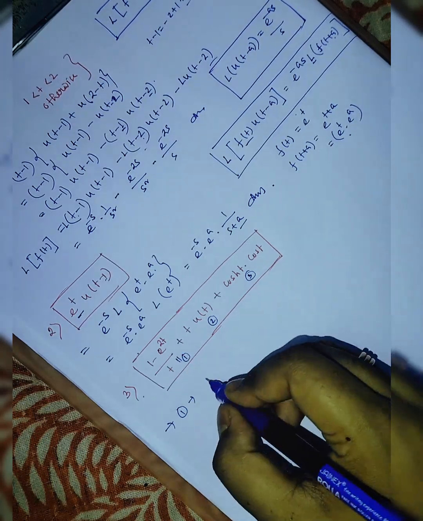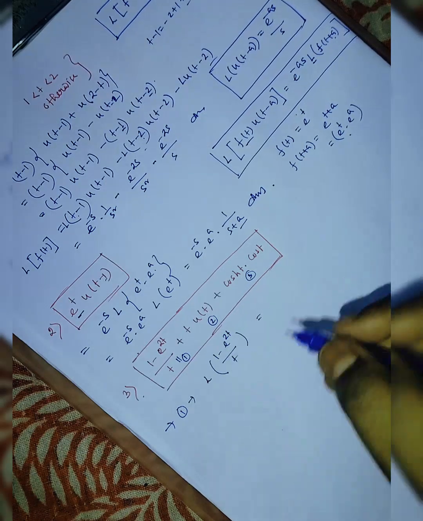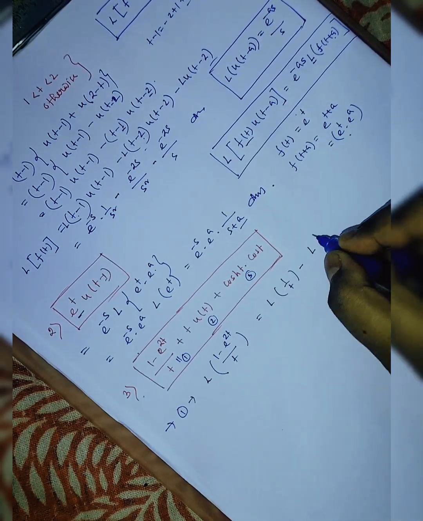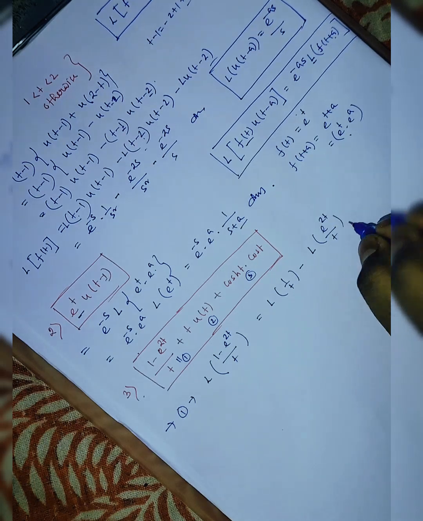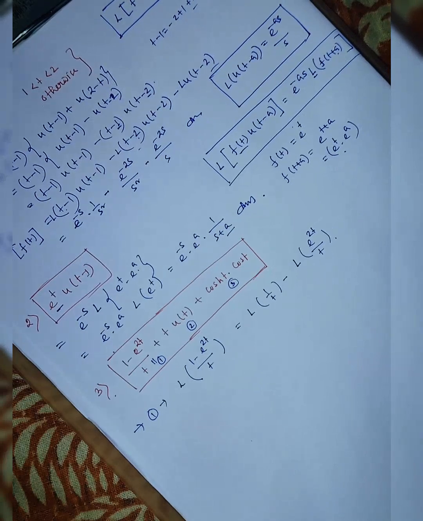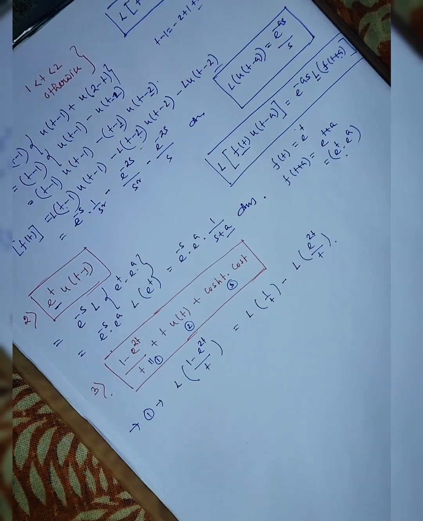First of all, I need to solve 1 minus e to the power 2t by t, and I break this into L of 1 by t minus L of e to the power 2t by t. Here also you need a formula. You should keep the formulas in your mind, otherwise you will get stuck.